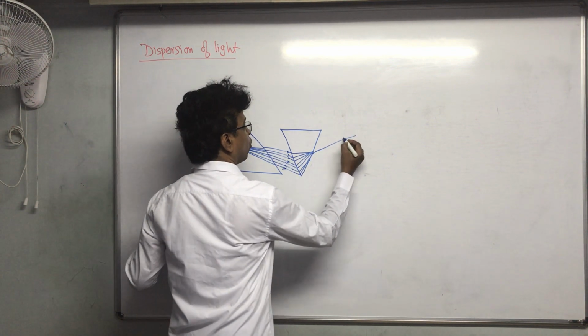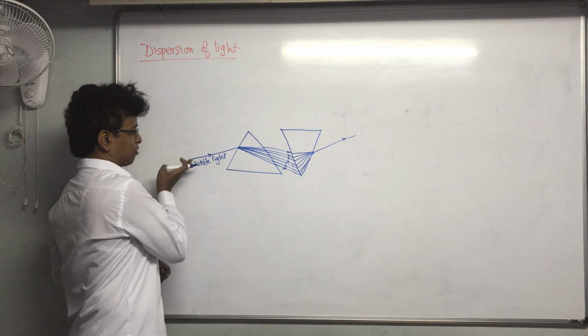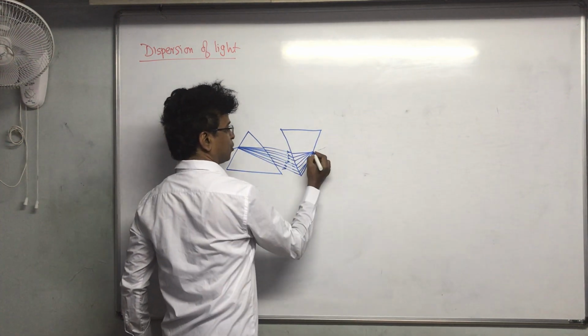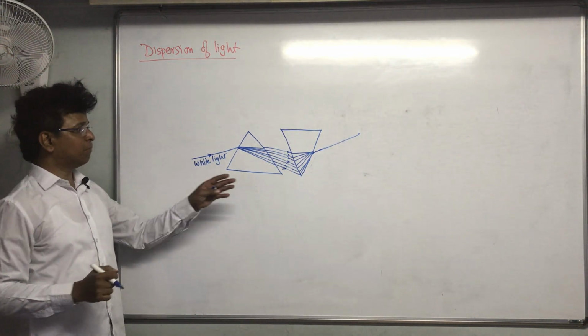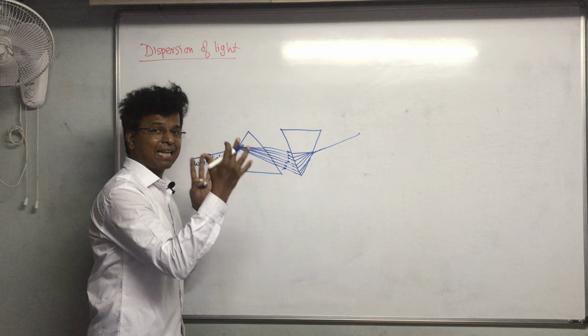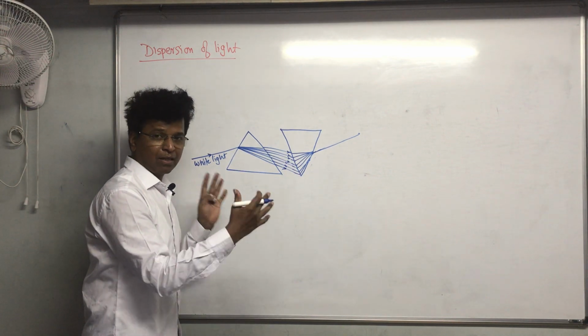And a white beam of light, which is actually parallel to this but only shifted, will come out. Fine. This basically behaves like the rectangular glass slab that we have learned before.